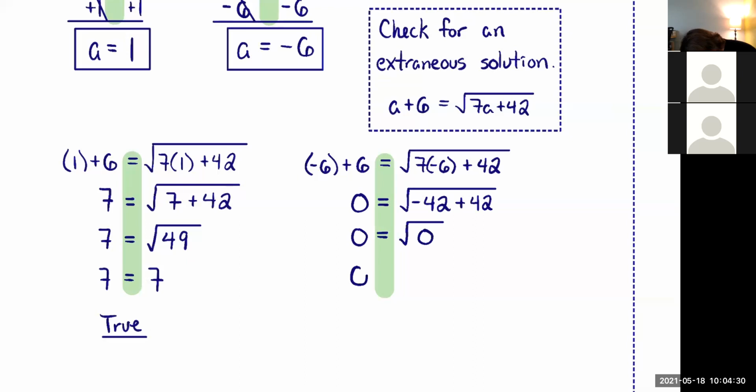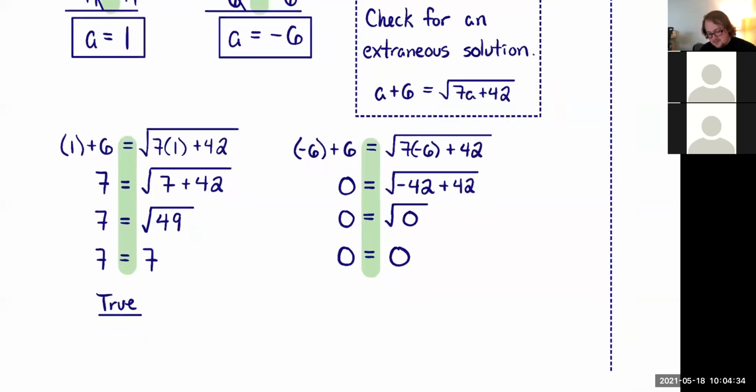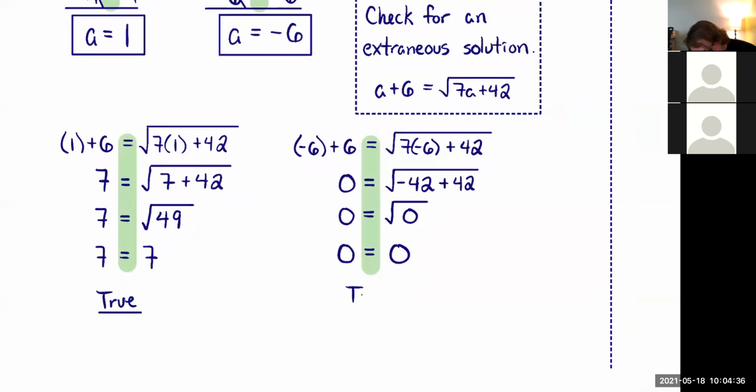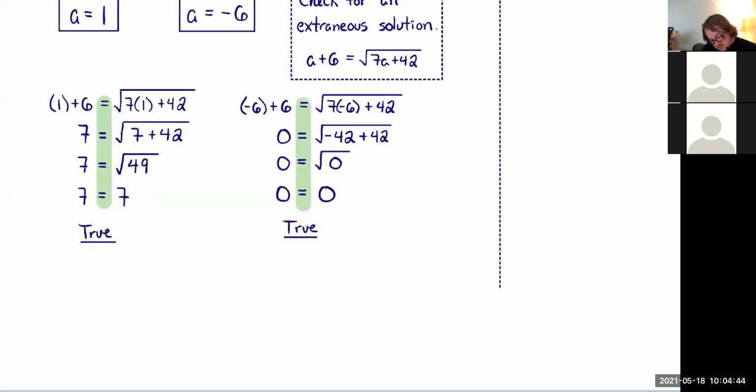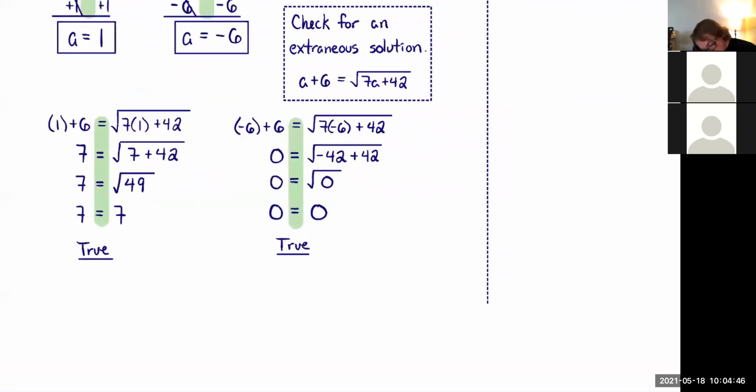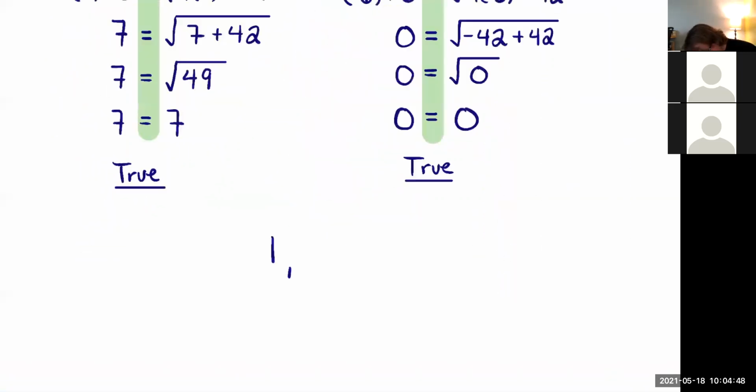And what's the square root of 0? 0. Is this a true statement? Yeah. Well, wouldn't you know it? Did both of these solutions work? Yeah. So it just so happens that this one has 2 solutions, 1 and -6.